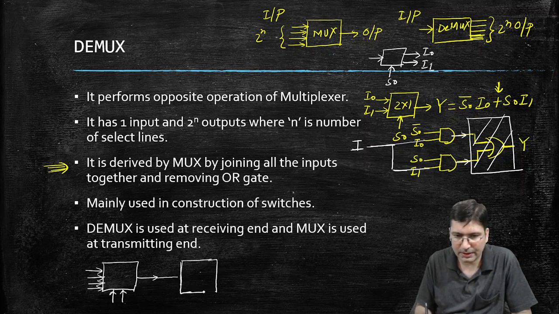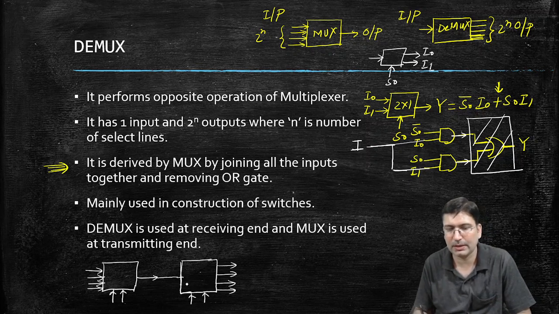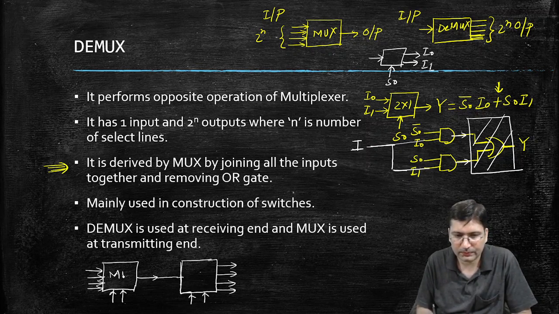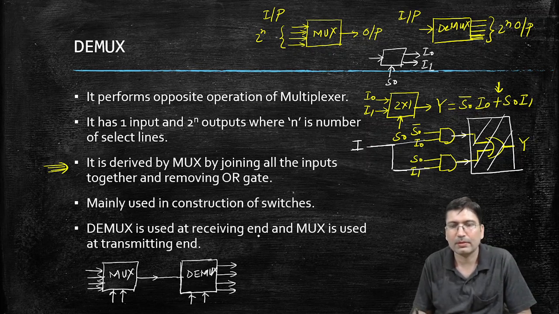So at the receiving end, the demux will receive this signal which it is getting, and it will convert it into the possible outputs based on the select lines here. So this is mux, which is transmitting, and this is demux, which we will utilize to receive, right?